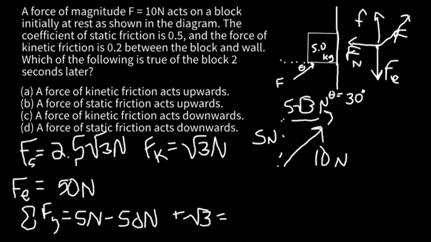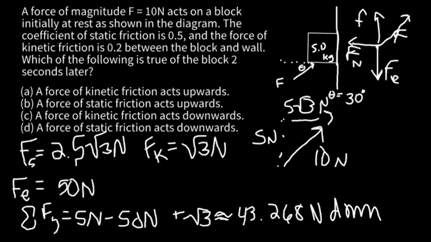So we take 5 minus 50 plus the square root of 3, and that's going to give us approximately 43.268 newtons downwards. So that means the force of friction is definitely pointing up. It's not static, it's kinetic, so choice A is the correct answer here.